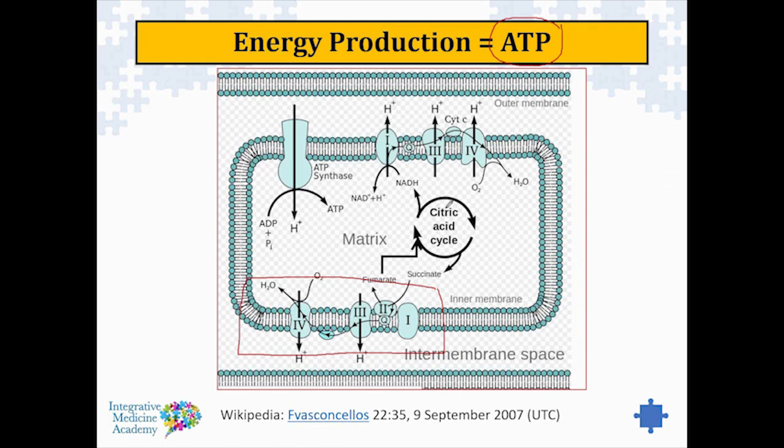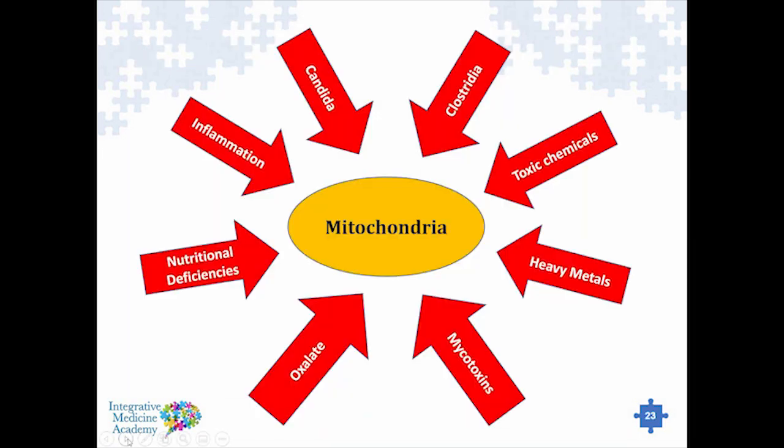So something that damages the citric acid cycle could compromise our succinic acid, which then compromises our electron transport chain, which then compromises ATP production. And then that compromises just cellular metabolism and all of the beneficial factors that should happen through energy production throughout the body.